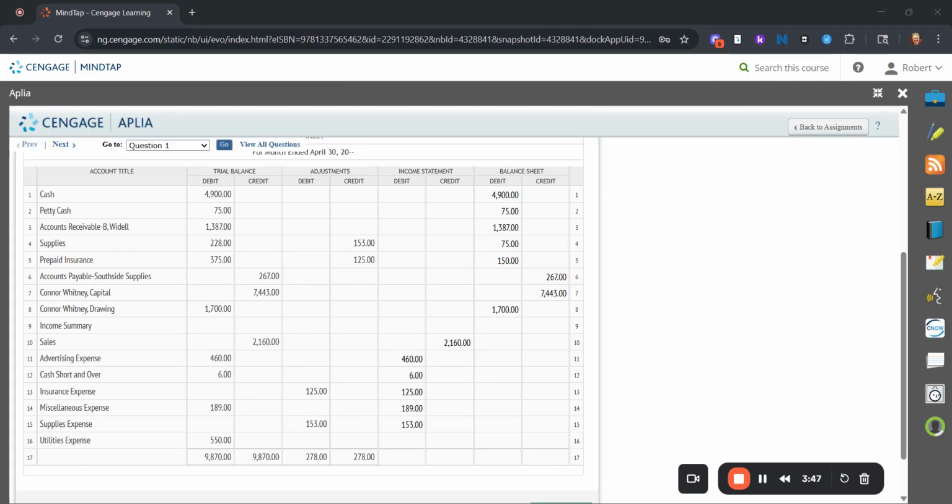So 460 plus 6 plus 125 plus 189 plus 153. What did I forget here? Oh, I forgot this big one, 550 for utilities.